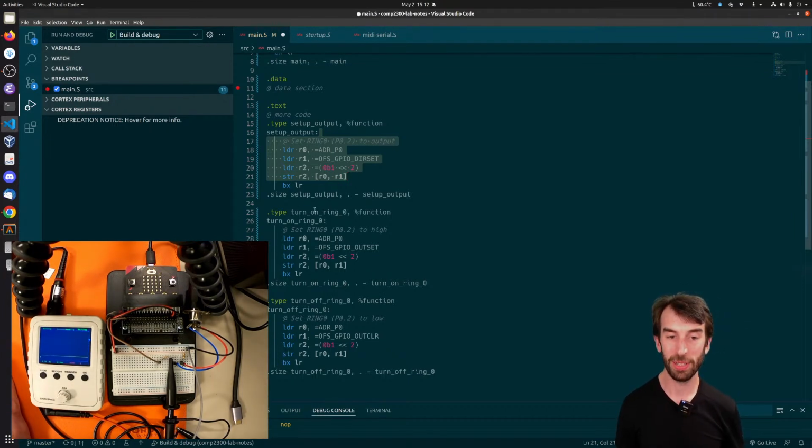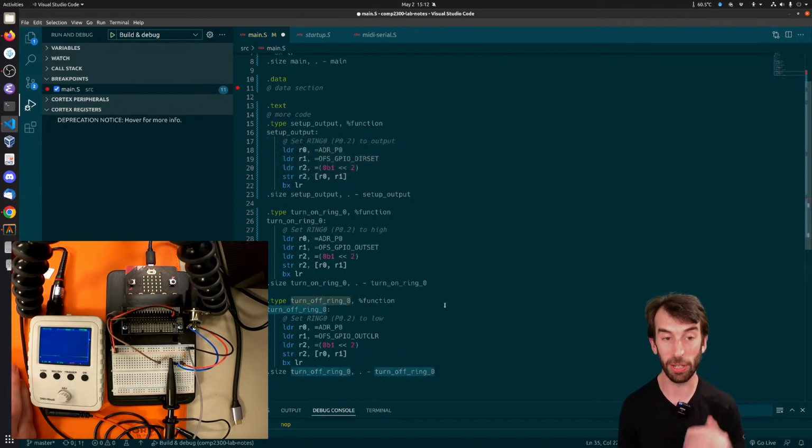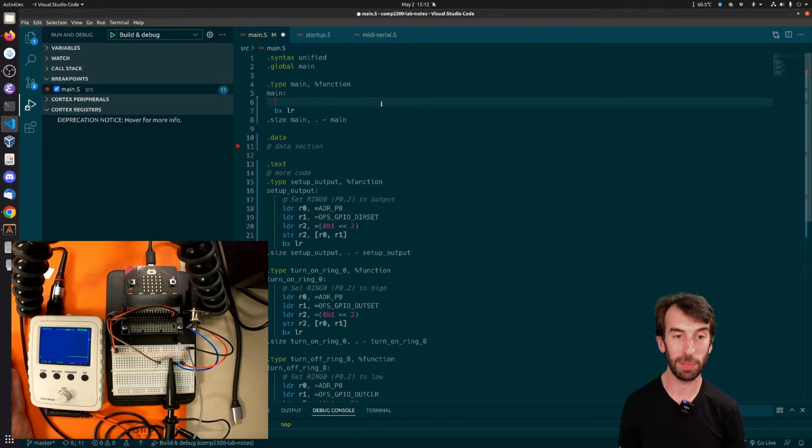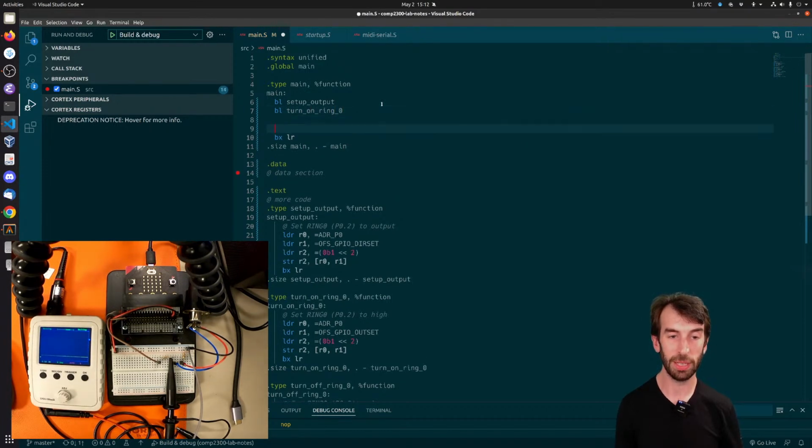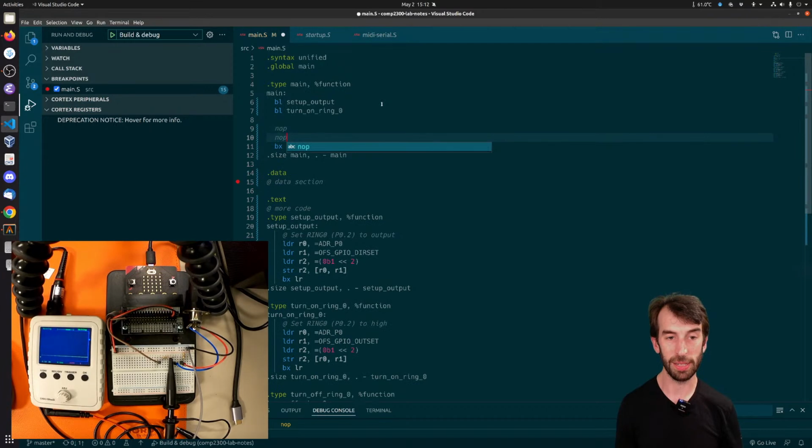One is to turn on ring 0 or set it to high, and the other is to turn off ring 0, set it to low. So let's just get started by preparing for my serial message. I'm going to go BL, set up output, then BL, turn on ring 0. I'll just get a couple of nops in here.